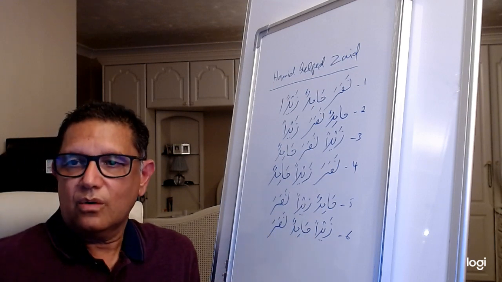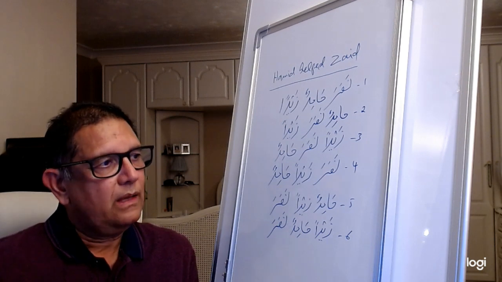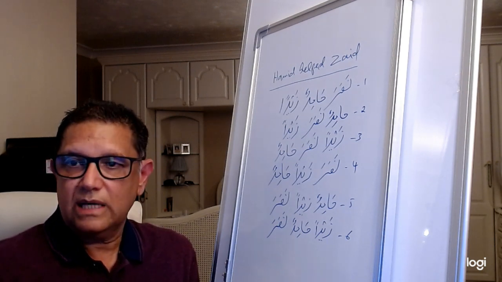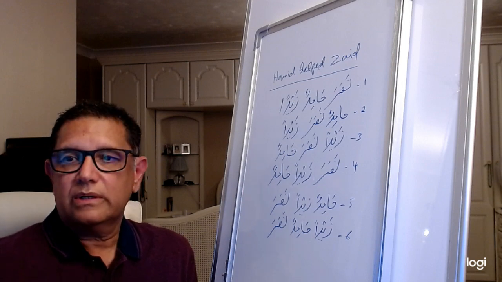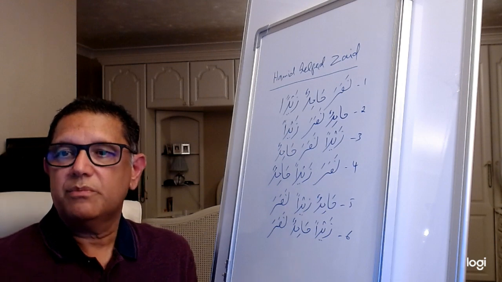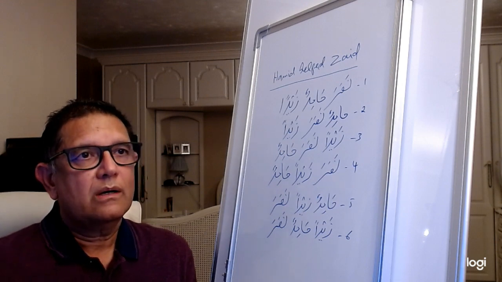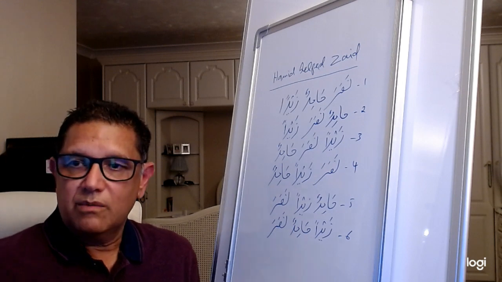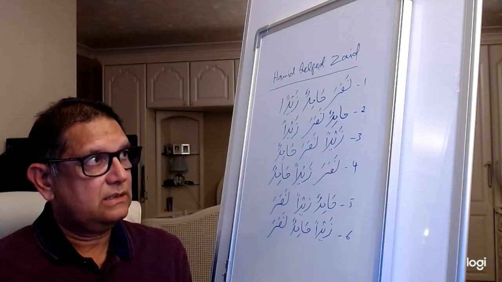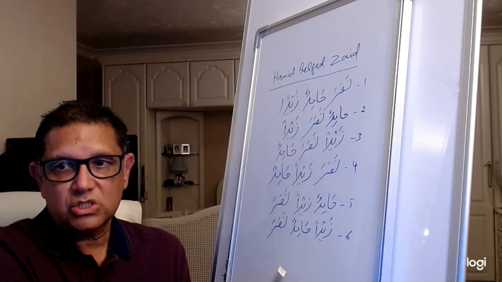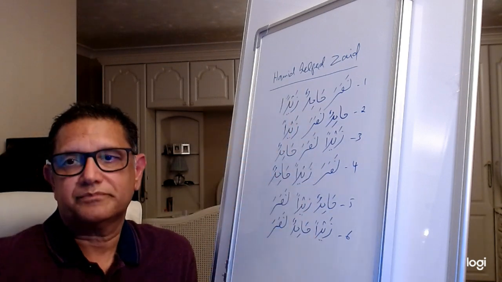So these are all possible constructions, and it will really depend on what is happening, what is the ground reality, what is the history, how much people know, what are their knowledge requirements, what is the aim of the speaker, etc. And the skill is then to pick the right construction from these.